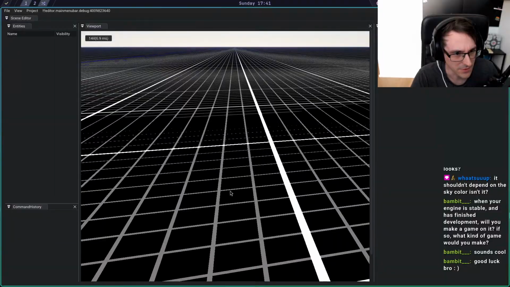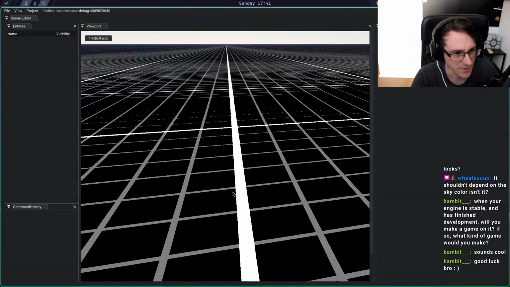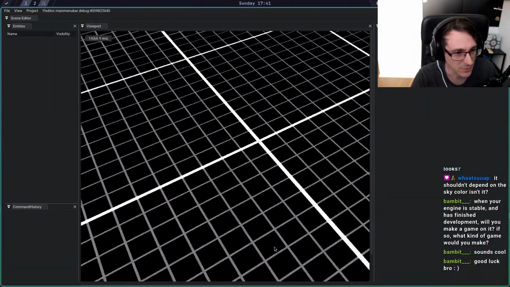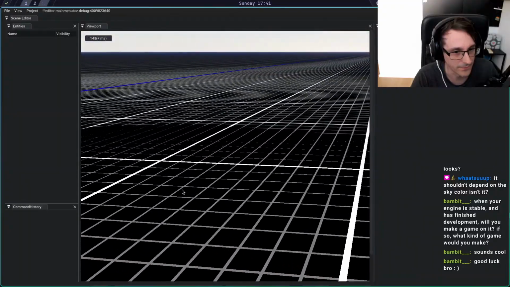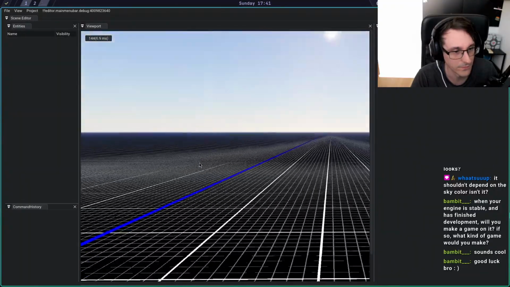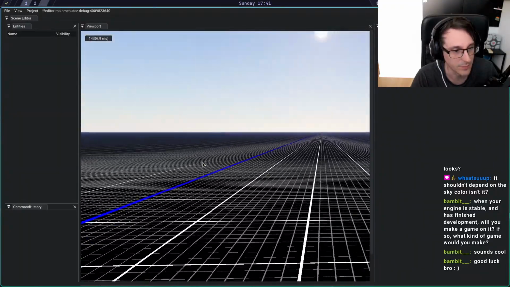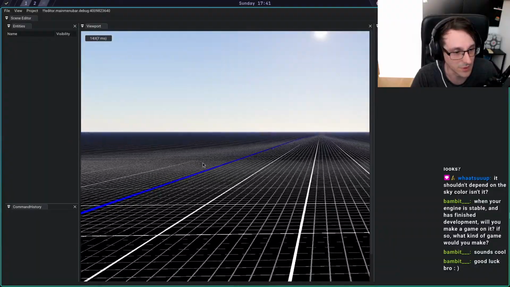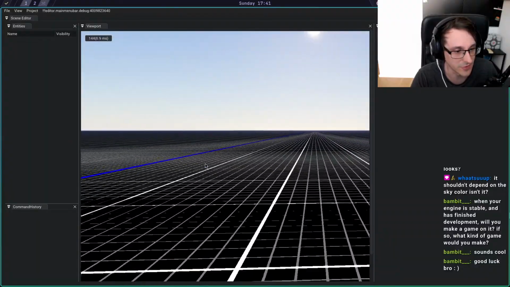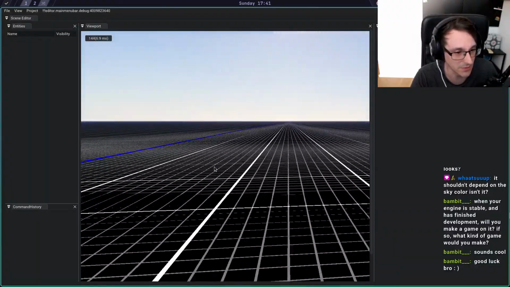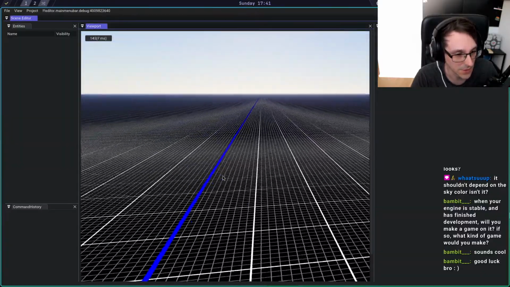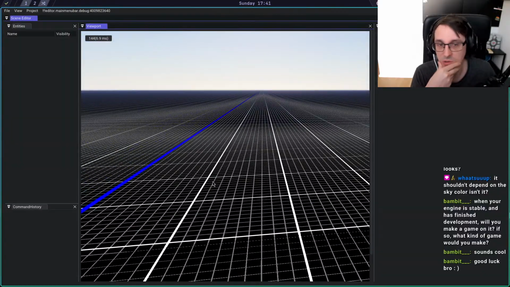No, it's not the reason, okay. It was just a grid scale issue, so that means it really is probably an issue with the... Yeah, that means it's most likely a floating point issue if it didn't show up with the bigger lines. So it's probably something like that.